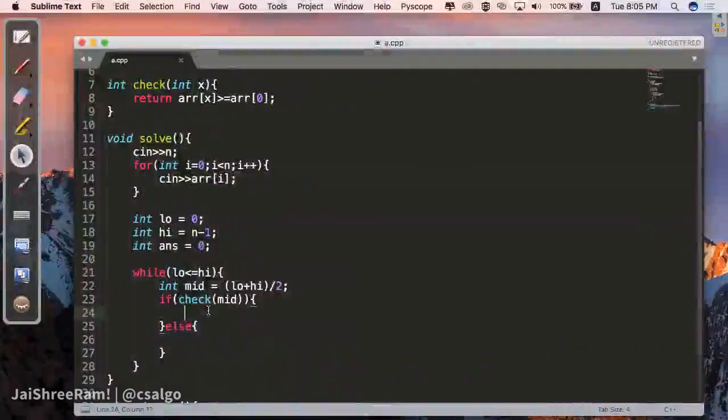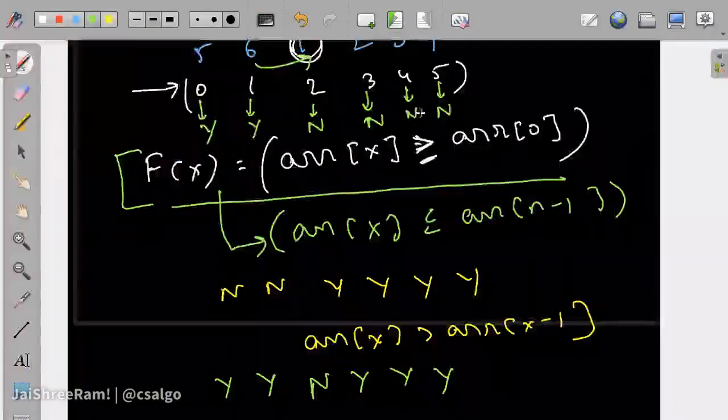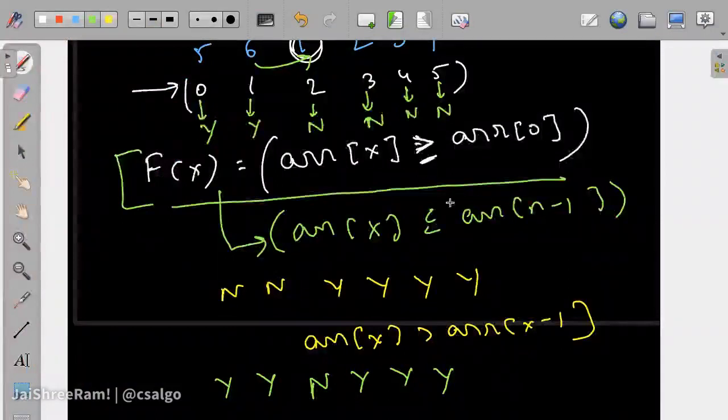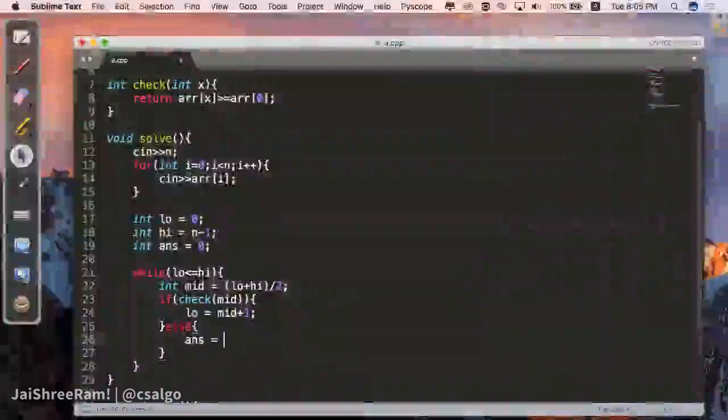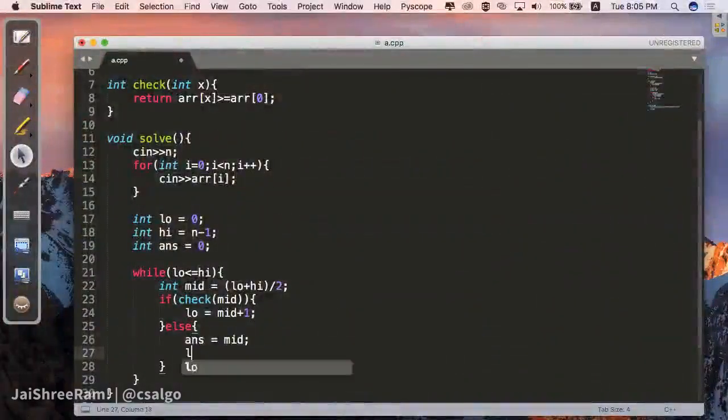If it's a yes, we know that we need to go to the right side, so we make our low equal to mid plus 1. Or else if our check returns false, that means it's a no. So either that will be our answer or our answer will lie towards the left.